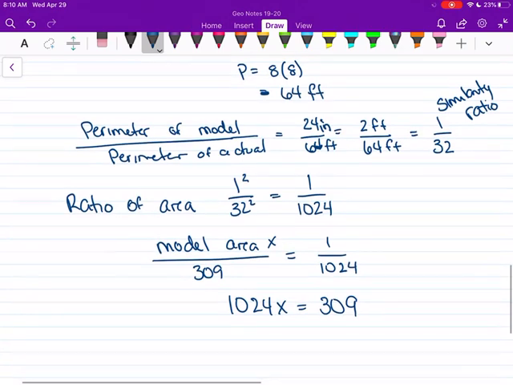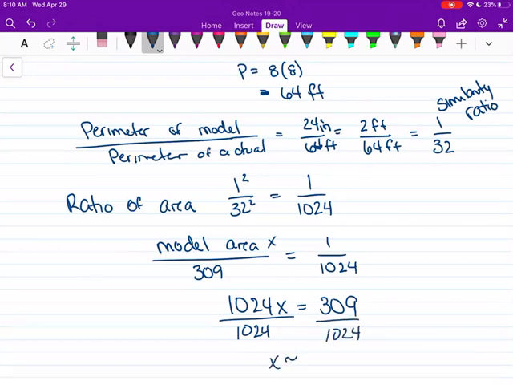And if I divide both sides by 1,024, I'm going to get x is approximately 0.302. And my units here, let's see, what units did we switch to? We switched everything to feet.